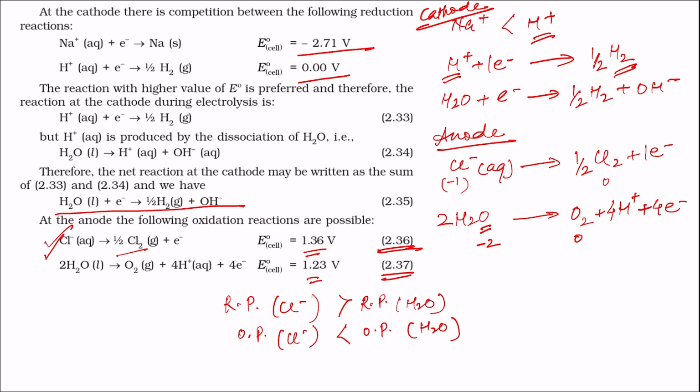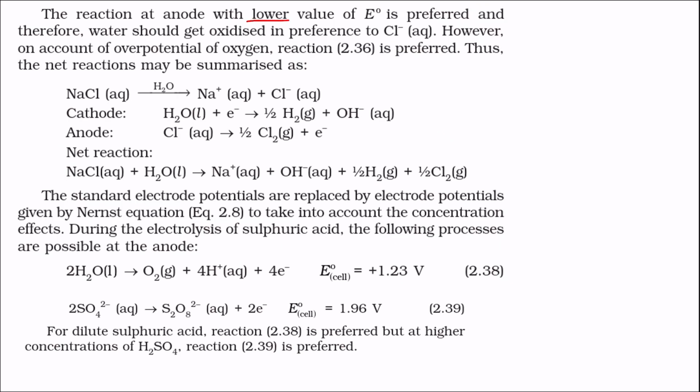So the product formed at the cathode is hydrogen gas, and the product formed at the anode is chlorine gas. And what is left behind in the solution? In the solution, Na+ and OH- ions are left. The reaction at the anode with lower value of E naught is preferred, and therefore water should get oxidized in preference to chloride ion. However, on account of overpotential of oxygen, reaction 2.36 is preferred, meaning oxidation of chloride ion is preferred.